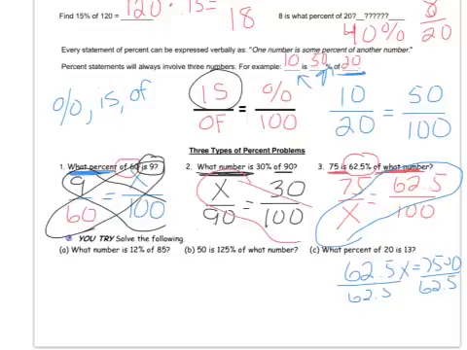So 7,500 divided by 62.5. So x equals 120. Alright, so 75 is 62.5% of 120. Alright, go ahead and try those U tries and make sure you plug in the correct answer in Zaption.